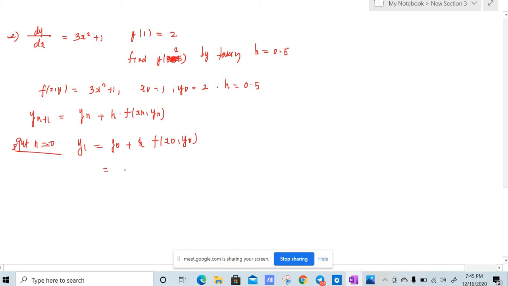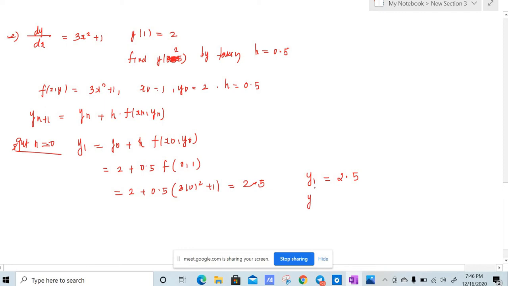So y naught is 2 plus h is 0.5 into f of x naught comma y naught. So x naught is 0, y naught is 1. So it will be 2 plus 0.5 into our f of x comma y, which is 3x square plus 1. So 3 into 0 square plus 1. So it will be 2.5, right? So y1 is equal to 2.5.